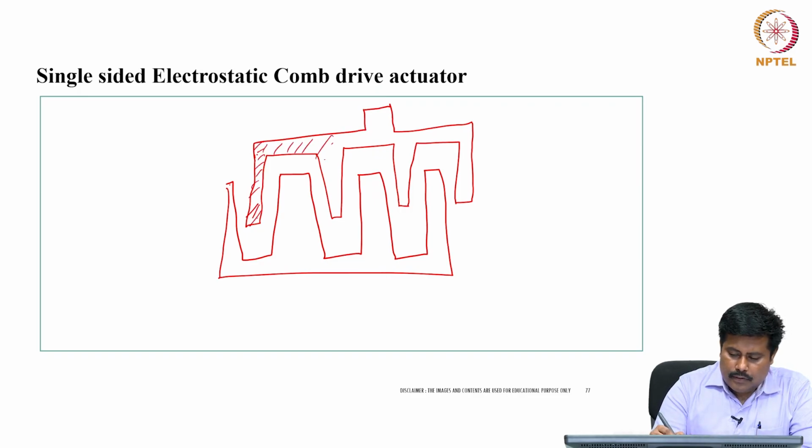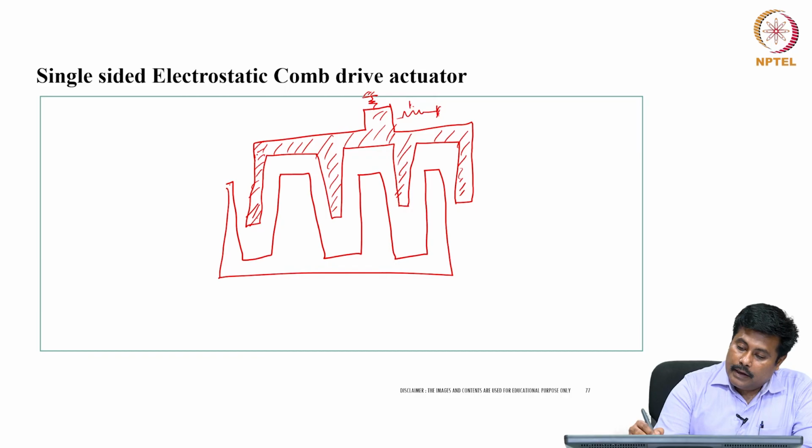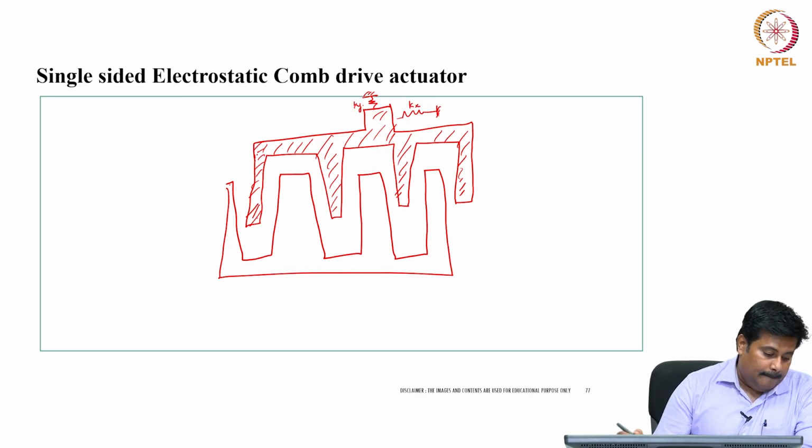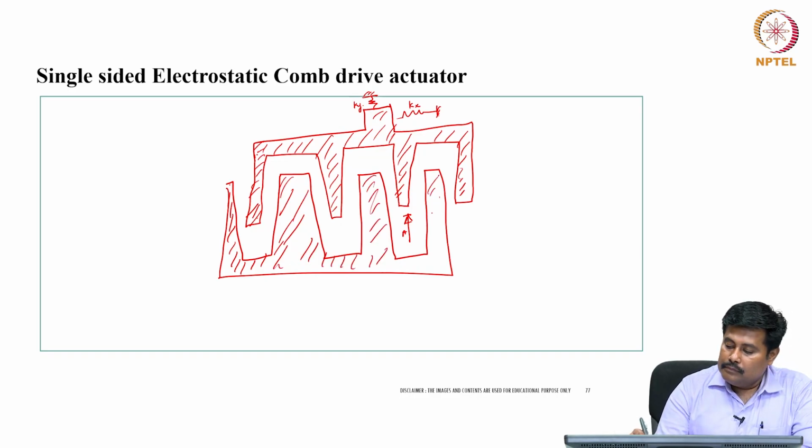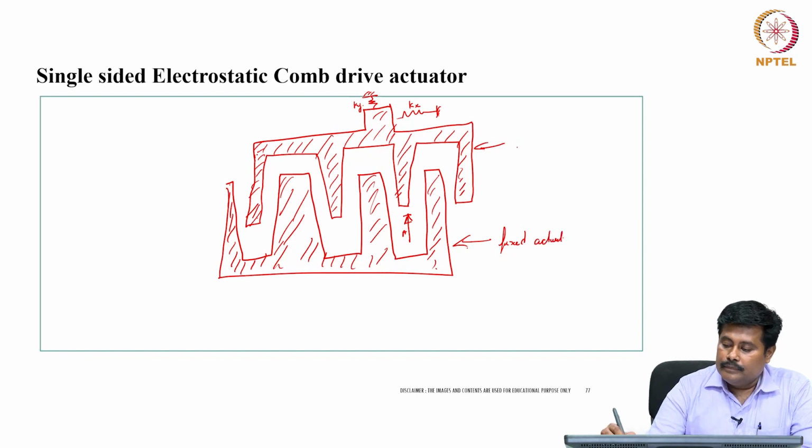This is the movable actuator. With a spring arrangement and a base, and a spring arrangement as a base, Kx and Ky with area A. This is a fixed actuator, and this is a movable.